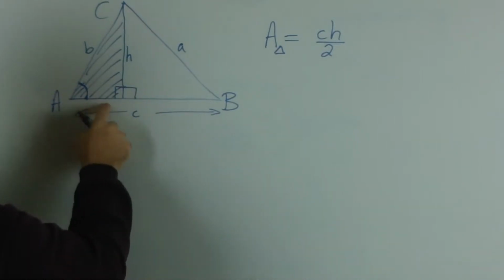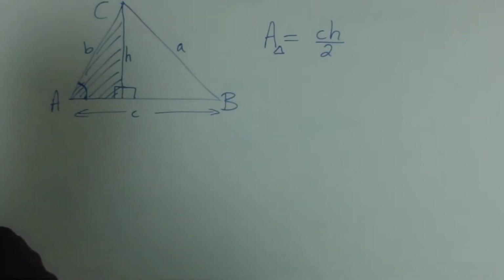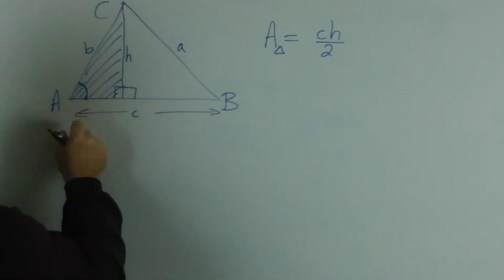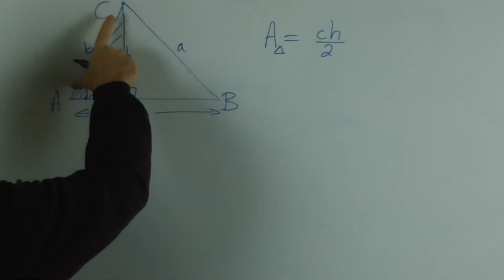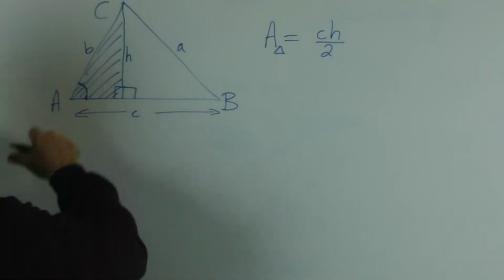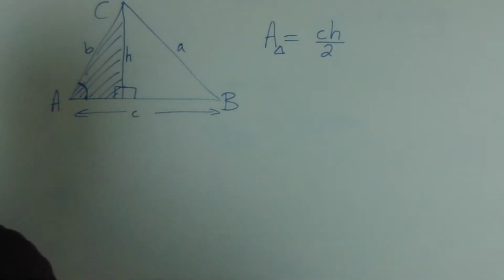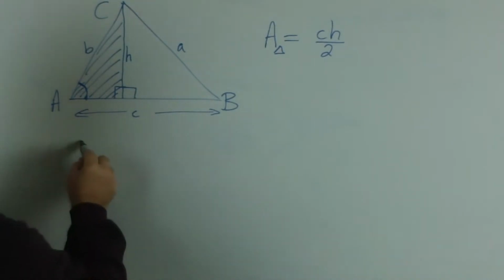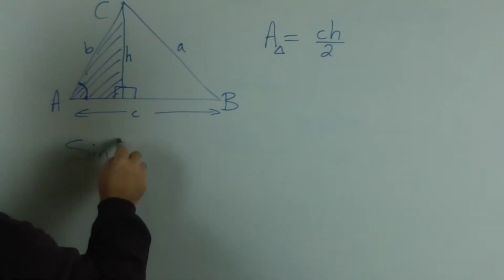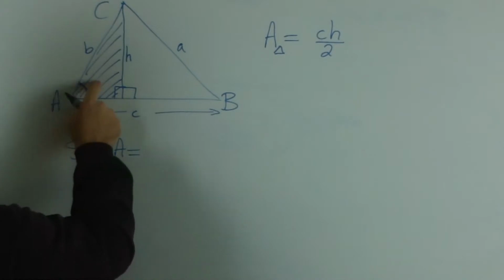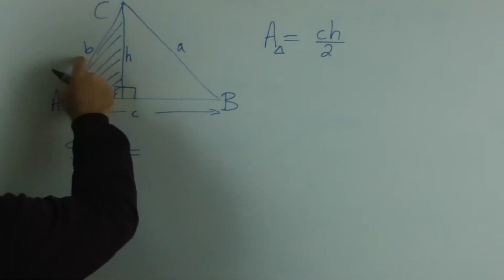Now, I don't want to relate to this little bit of line here, this interval, because I don't know its length, but I do know the length of this side is B. What ratio uses the opposite over hypotenuse? It's sine. So we know that sine A from this triangle is H over B.